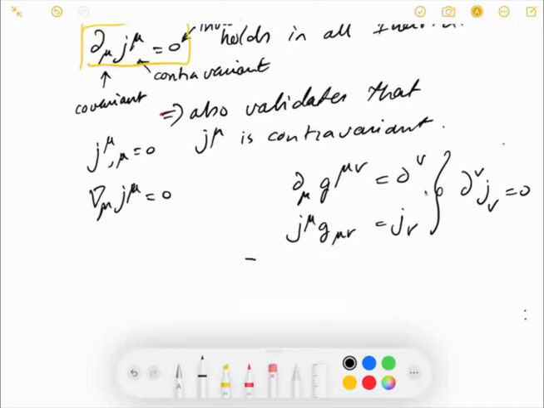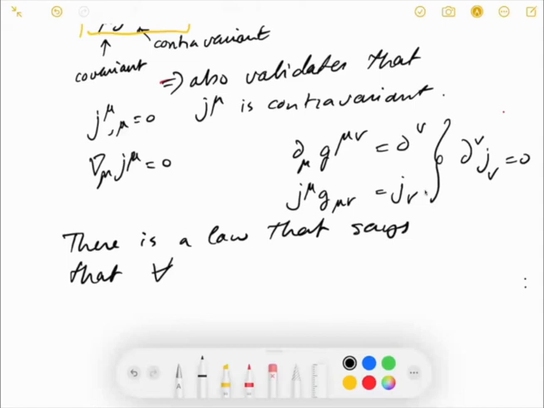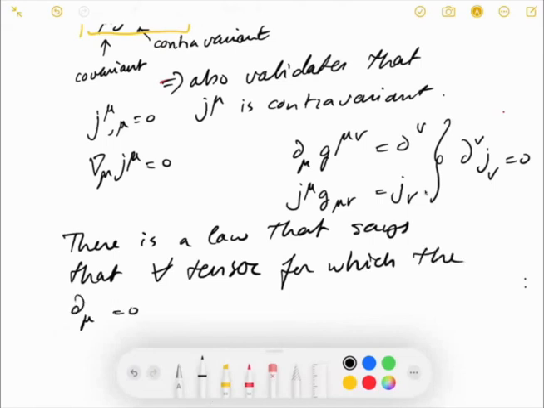Now, finally, the book makes mention of the following, which I have not seen myself too much, but there is a law that says that for every tensor for which the divergence equals 0, there is a conserved quantity.